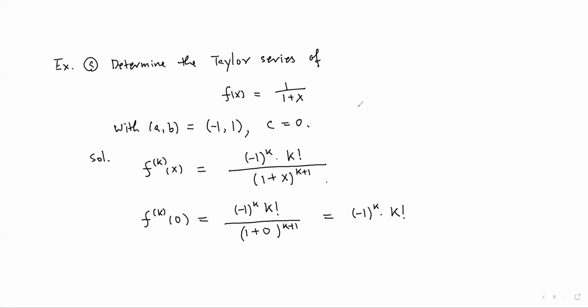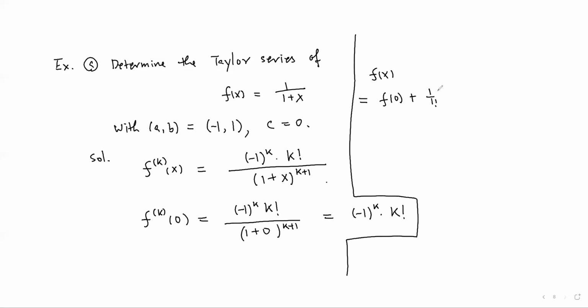So therefore, by the formula here, Taylor's theorem, the Taylor series is f(x) is equal to f(0) plus 1 over 1 factorial f derivative at 0 times (x minus c). c now is 0, so only x, plus 1 over 2 factorial f second derivative, (x minus c) squared, so x squared, and so on, 1 over n factorial f derivative n times at 0, x to the n, and then plus the error term.